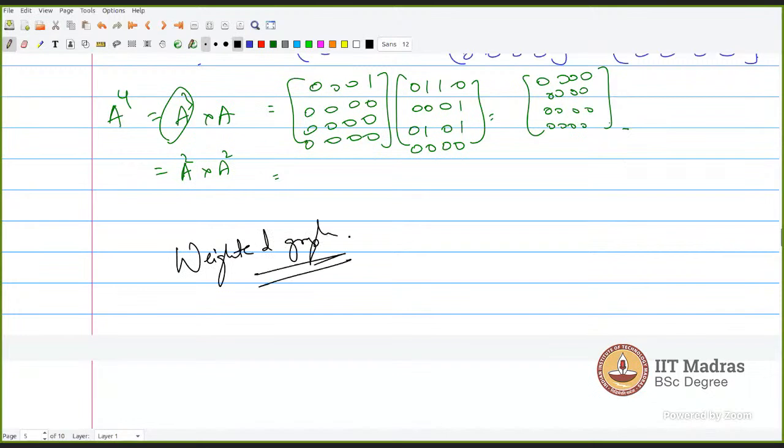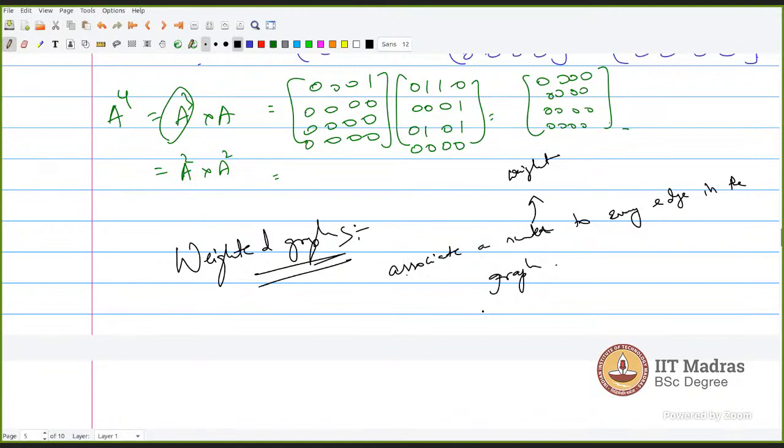So weighted graphs are nothing but associating one number to every edge in the given graph, and I call this number the weight. These types of graphs are called weighted graphs.